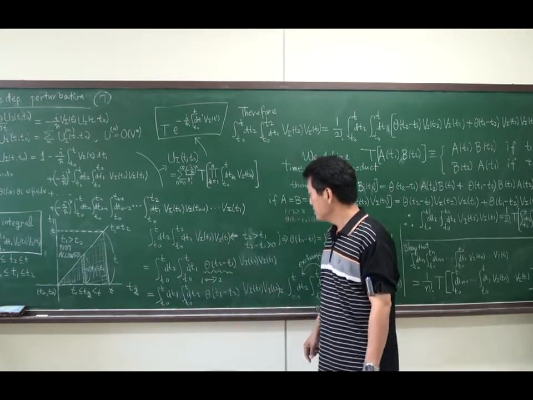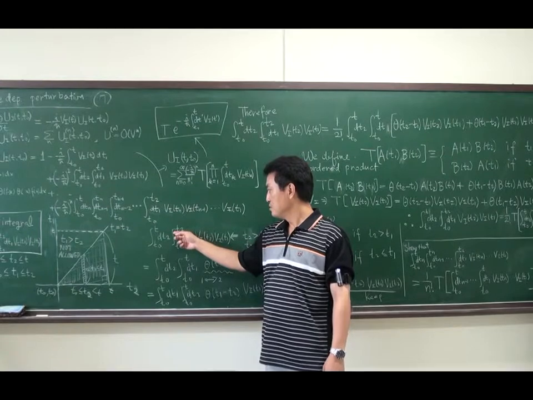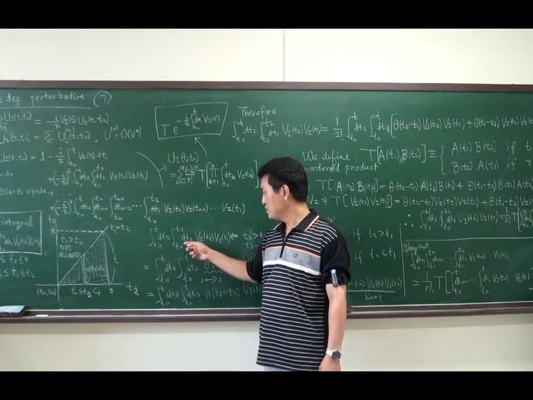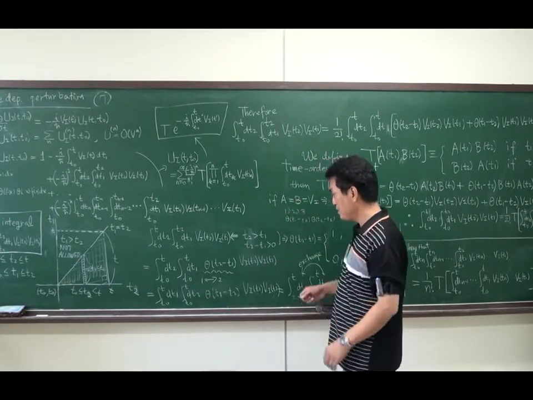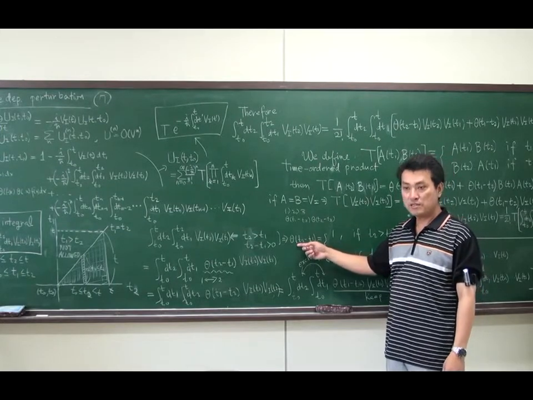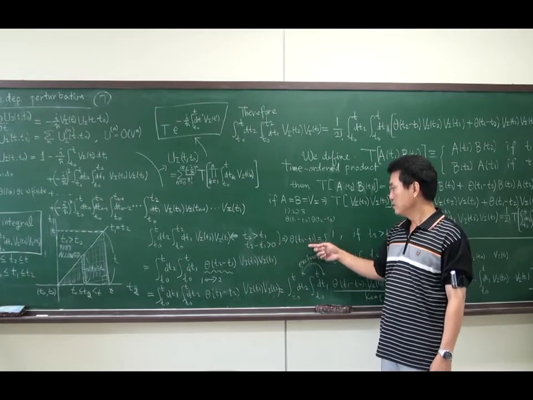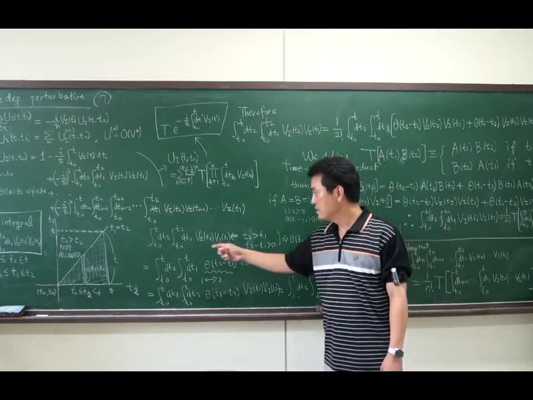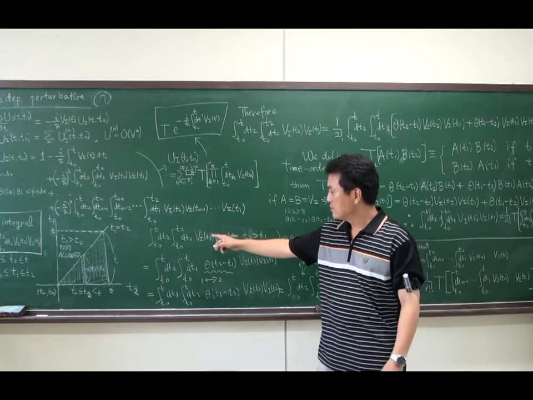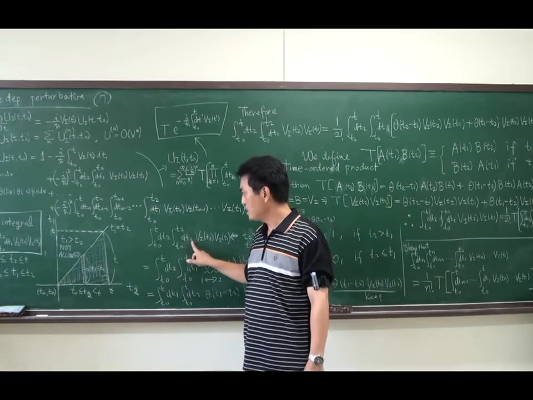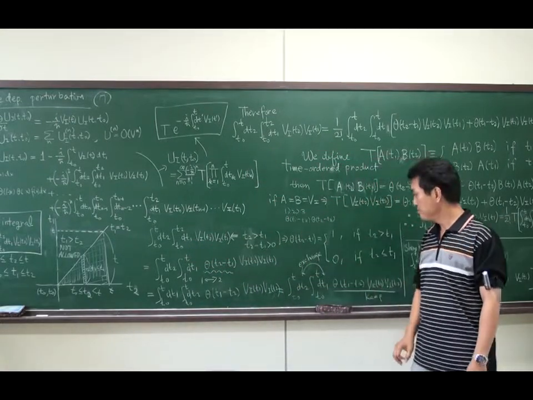In order to do that, I have to introduce another factor here, to remove any contribution that is coming from the region where t1 is greater than t2, right? Then I should multiply this factor, theta(t2 minus t1), right? Theta(t2 minus t1) gives the value 1 only when this allowed region is approached, and if the value of t1 is outside of the allowed region, then it returns the integrand 0.